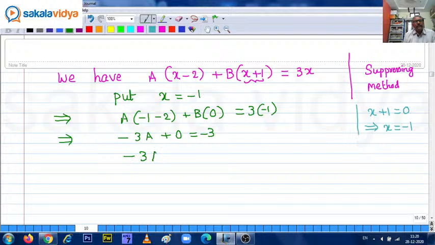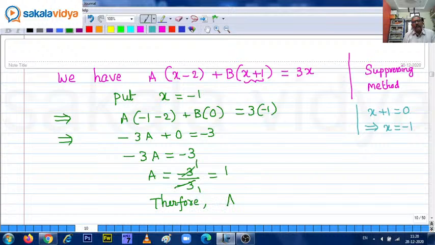So minus 3a equals minus 3. We need the a value, so a equals minus 3 upon minus 3, so 1. Therefore a equals 1. You need to write all these steps, definitely you will get good marks in the examination.